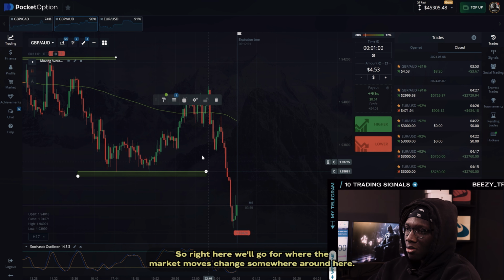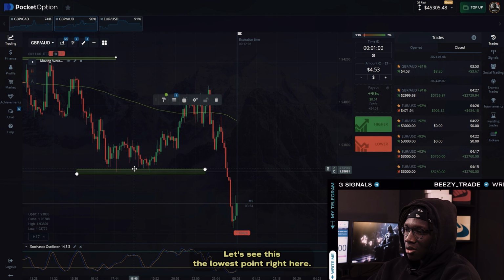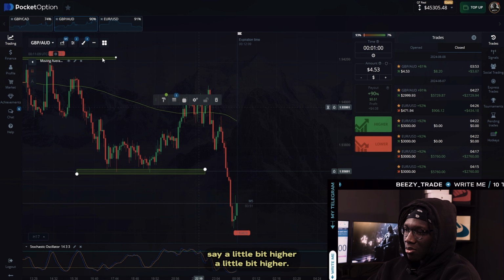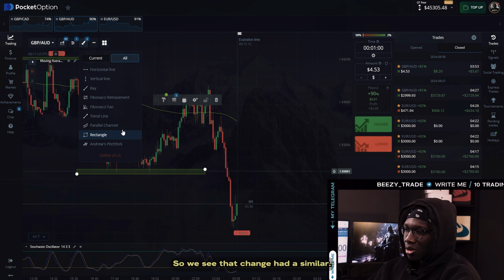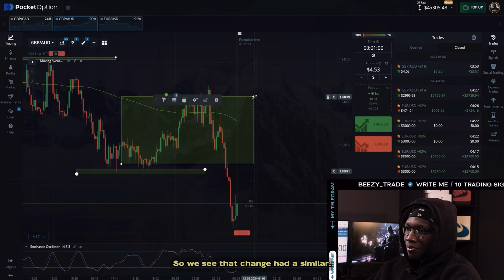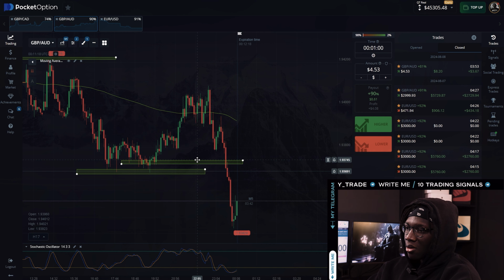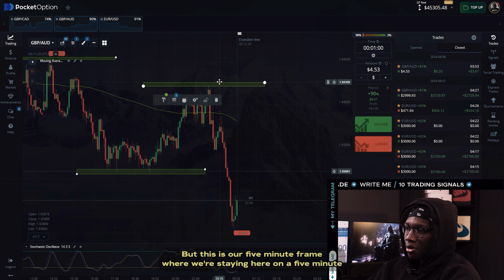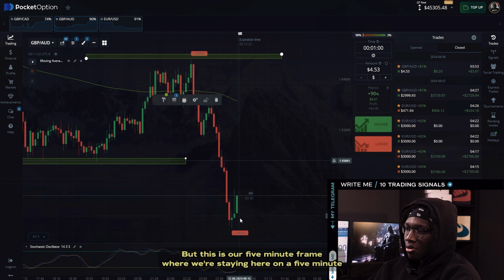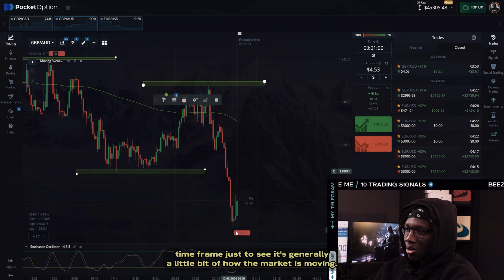So right here, we'll go for where the market moves change, somewhere around here. Let's say this is the lowest point right here. No, I'm still a little bit higher. So we see that change, kind of similar. And now we'll put this point as the highest point on the market. But it's our 5-minute frame, and we're staying here on the 5-minute time frame just to see generally how the market moves.